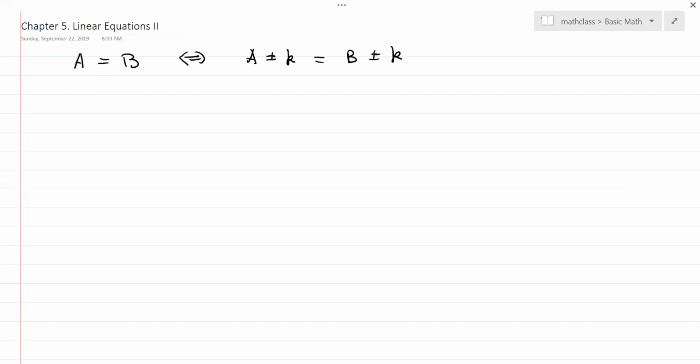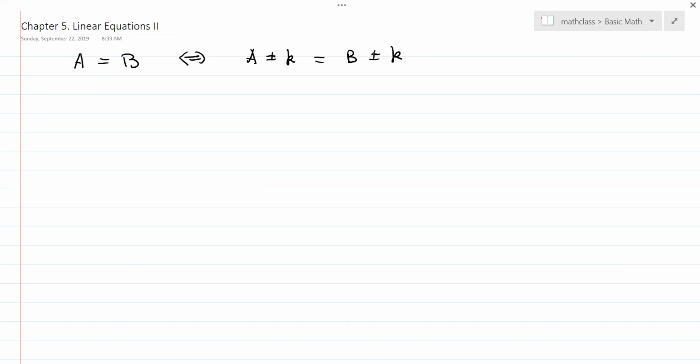So if we add or subtract the same number to both sides of the equation, you keep the balance, just like a scale. You change the form of the equation, but you don't change the equation itself.